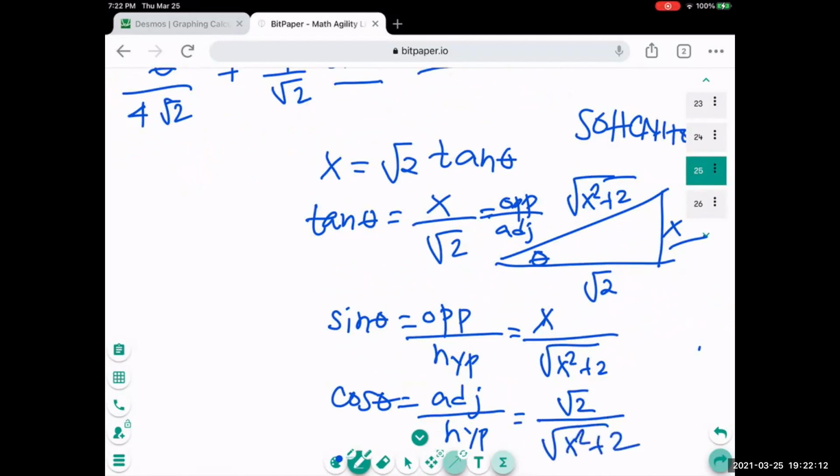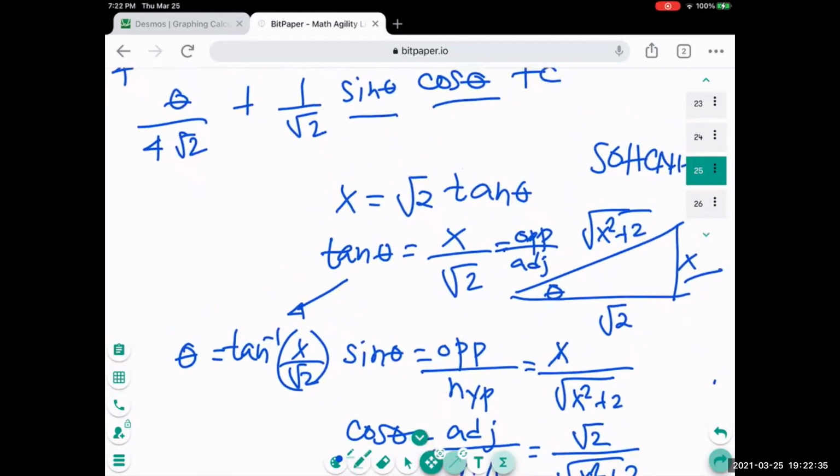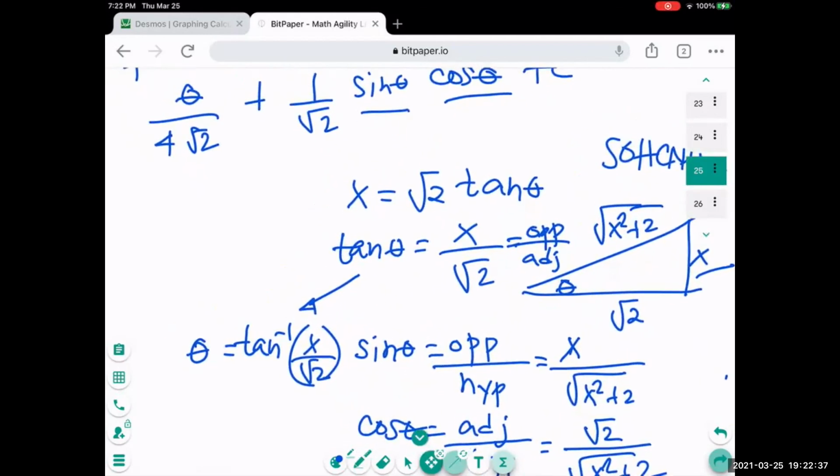How about our theta? Since we have a variable theta in our answer, this would be coming from here, right? So get the inverse of tangent. So arctangent of, or tangent inverse of x over square root of 2. So, okay, let's transform our answer to our original variable.